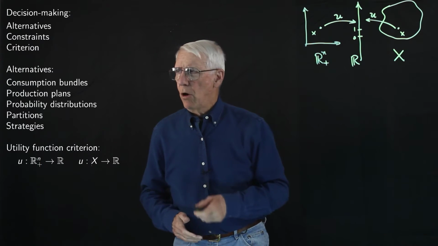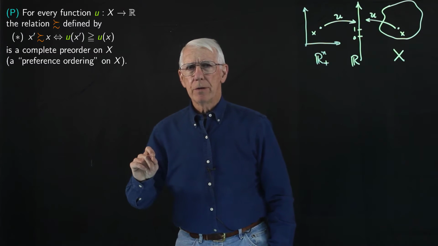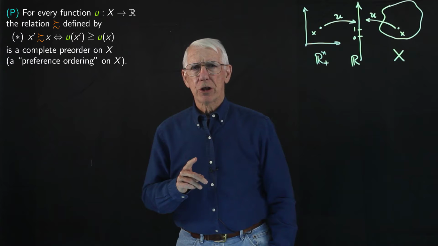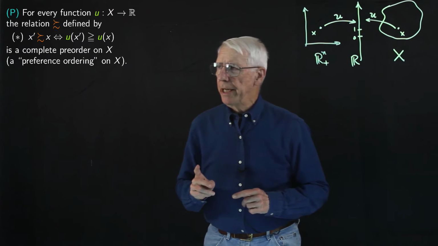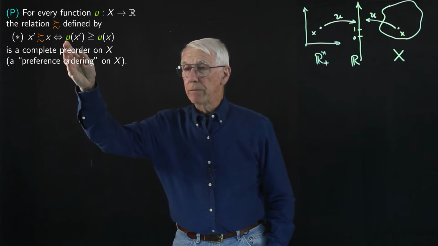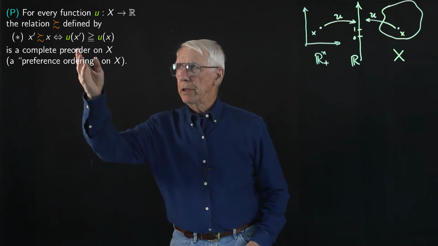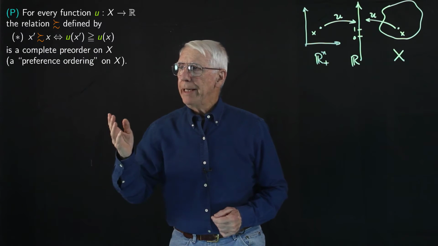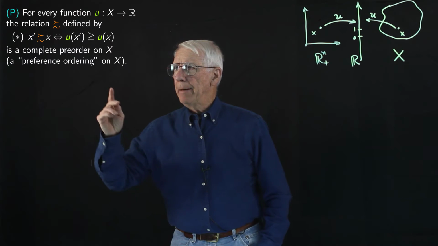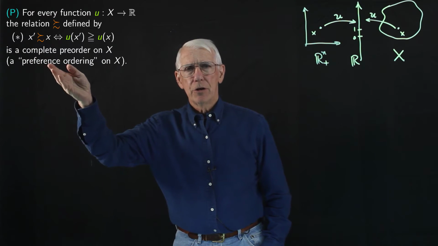So what are some of the consequences or implications of assuming that the decision maker's criterion for evaluating alternatives is a utility function? Well, the first consequence is actually a remark that we saw in a couple of the preceding lectures, the statement that I've named P here: for any real valued function, and of course a utility function is simply a real valued function, we can always define a binary relation from the function according to this condition star here.